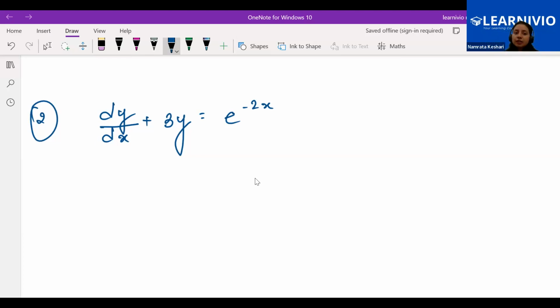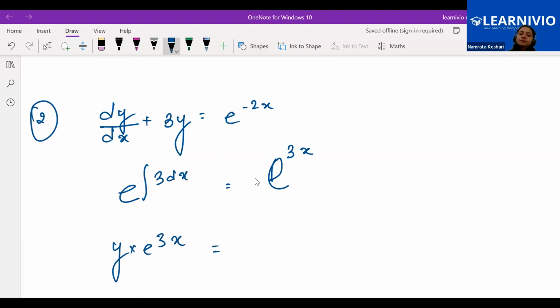So the integrating factor over here is e to the power integral of 3 dx, e to the power 3x. Y into e to the power 3x is equal to e to the power minus 2x into e to the power 3x.